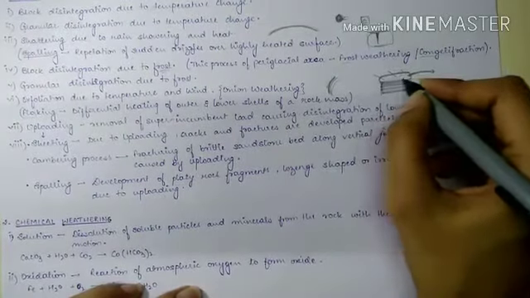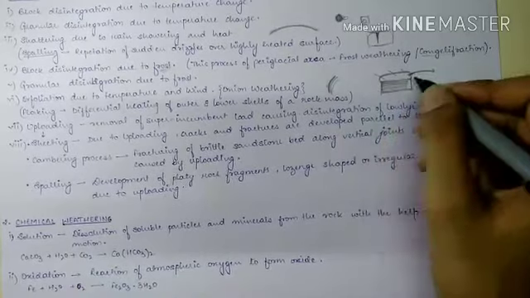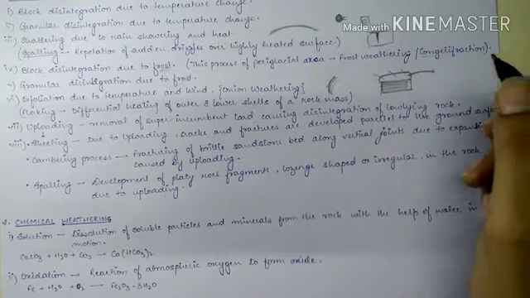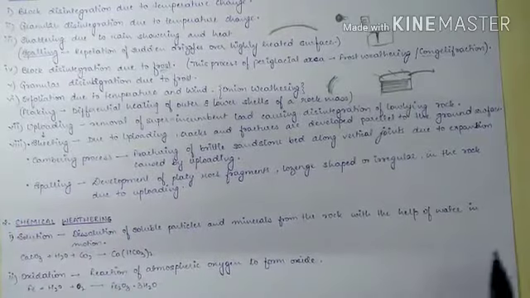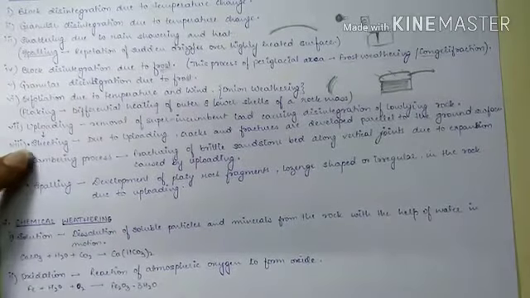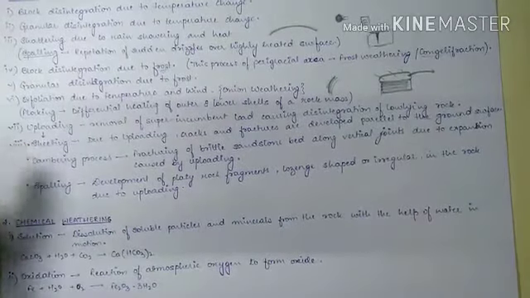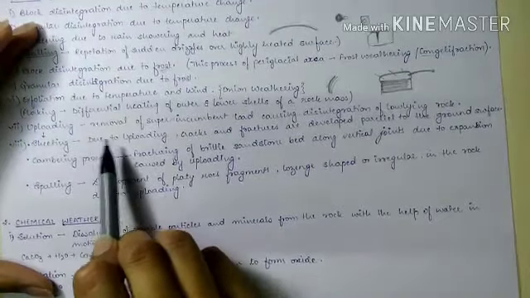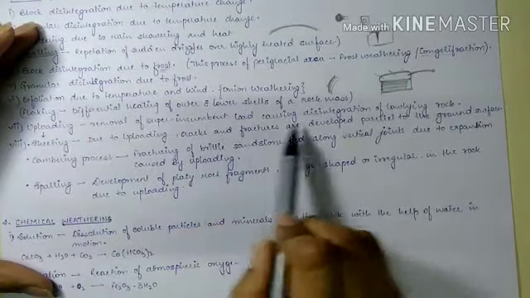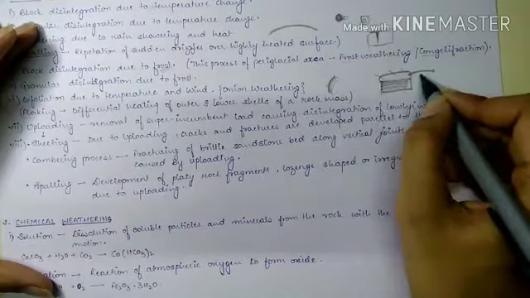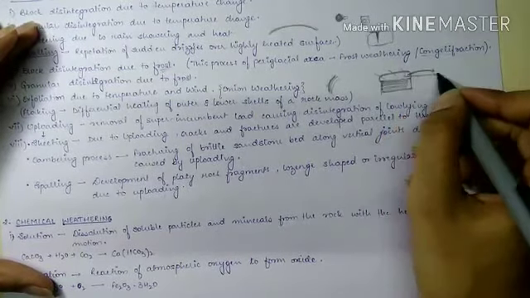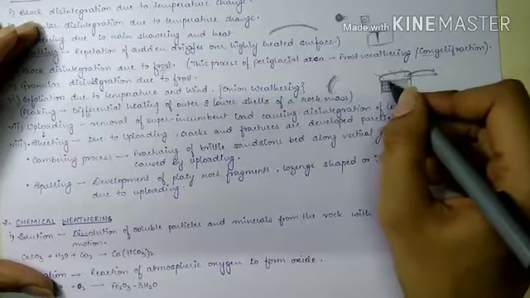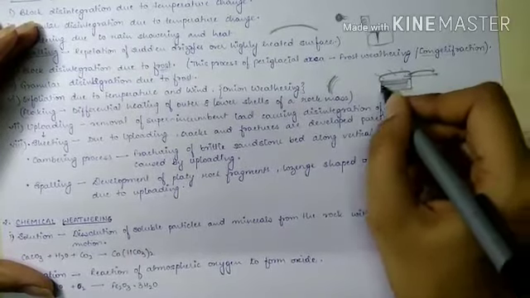This process is known as unloading, and due to unloading three types of weathering occur. First is sheeting. In sheeting, due to unloading, cracks and fractures are developed. As soon as the superincumbent load is removed, cracks are developed which are parallel.